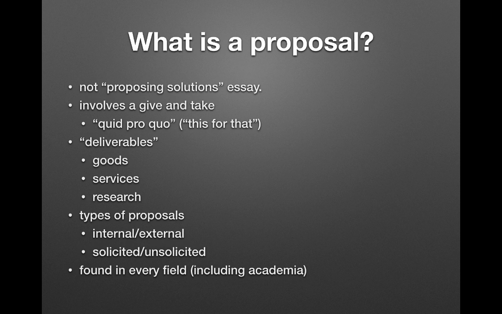And in that regard, we could also look at the employment packet, the job application materials, the letter of application, and the resume as a type of proposal. So we are proposing that they hire us, so we're going to come to work for their company, and in exchange, they're going to pay us. So in many ways, like I said, the employment packet is a kind of proposal.